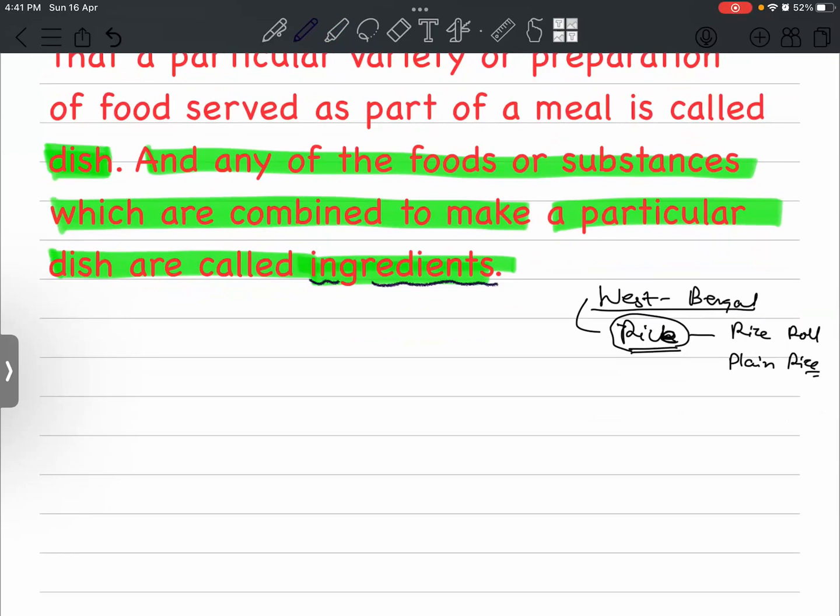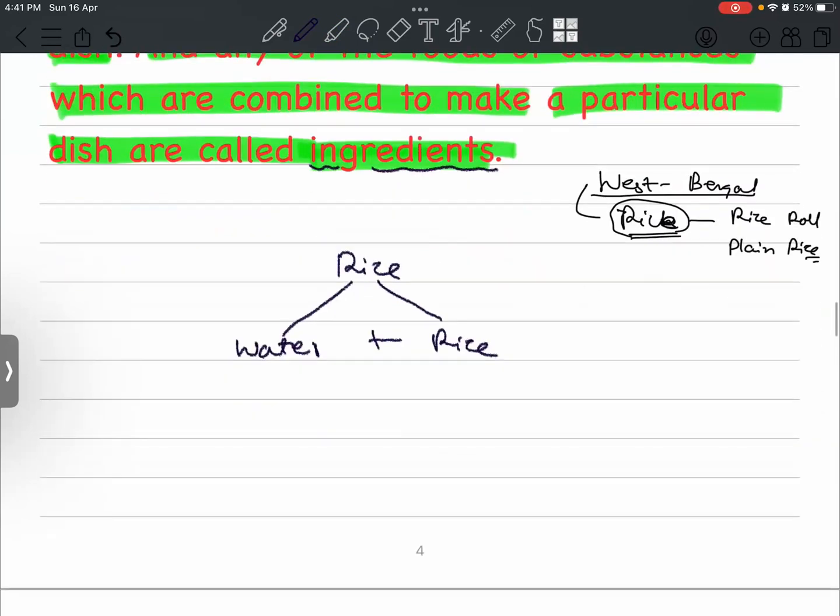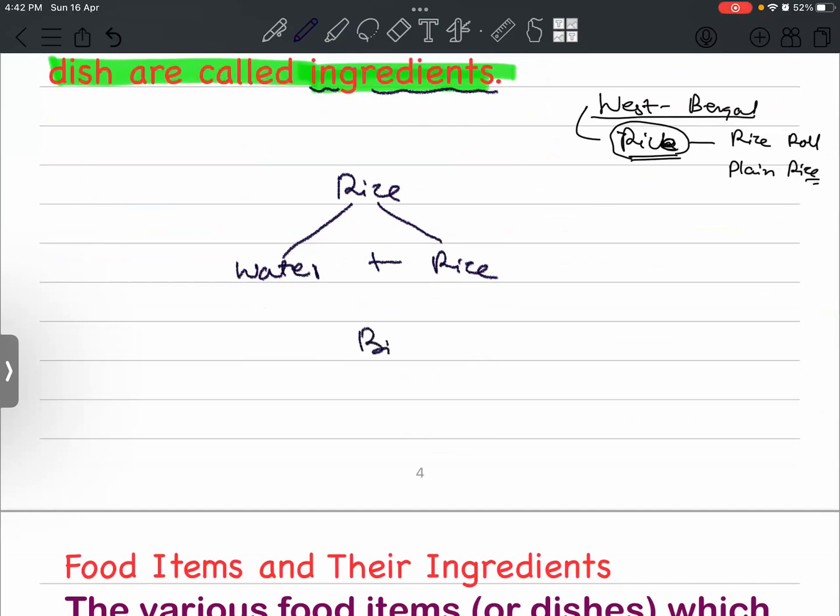Exactly. If I were to serve you rice, its components will be water plus rice. If I were to serve biryani, its components are going to be water plus rice plus chicken, right?